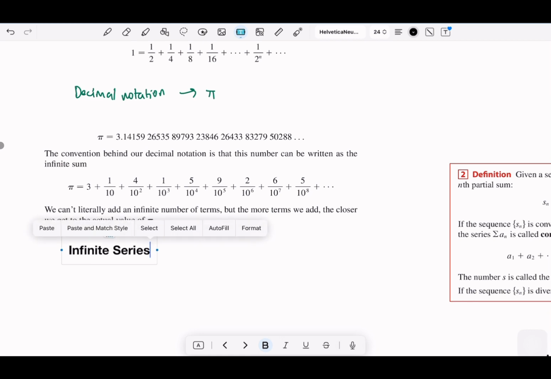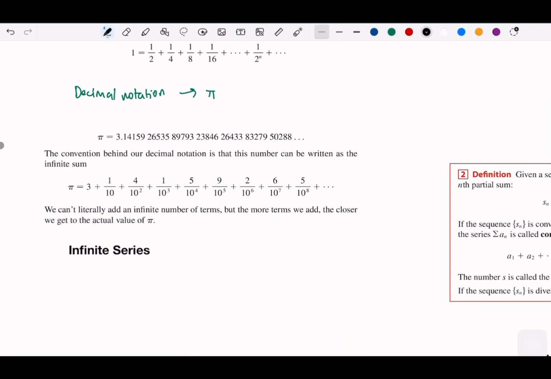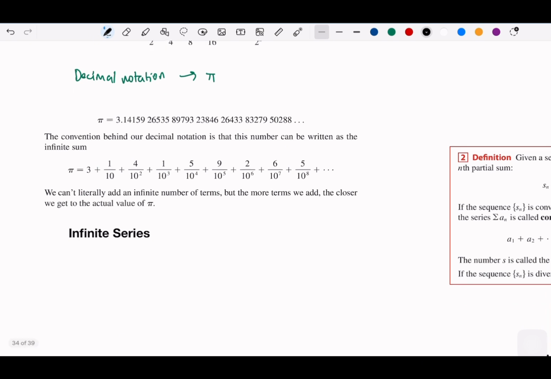So it's similar to a sequence, how we write. If we add terms of an infinite sequence, we usually write this from n equal 1.